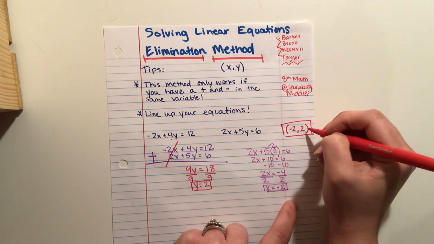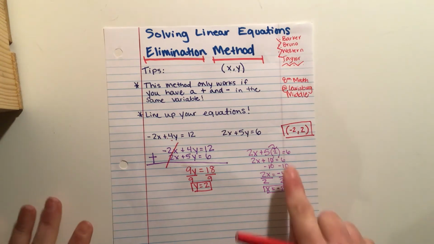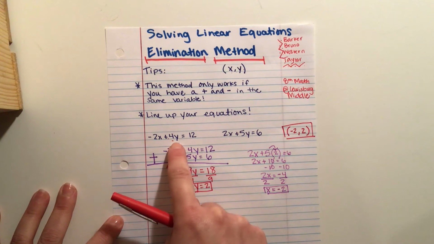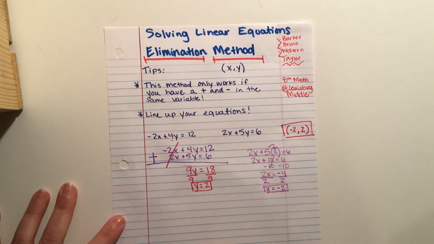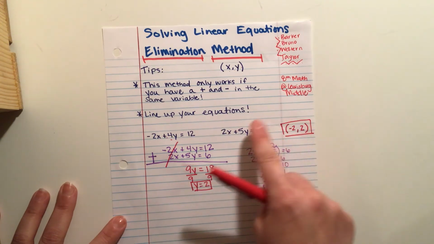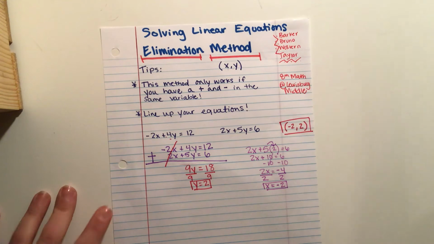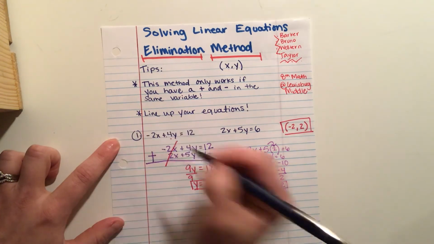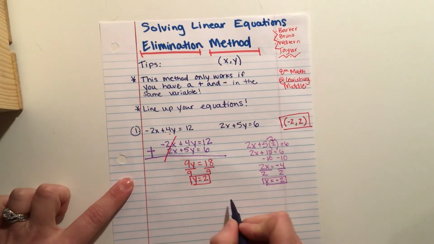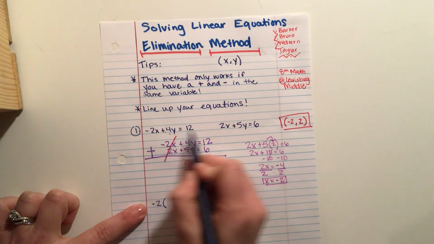Negative 2, comma 2. Now, in order to check your work, you can plug the x in for the x spot and the y in for the y spot, and if it equals 12, that's correct. The same thing, plug the x in for the x spot, the y in for the y spot, and if it equals 6, your entire problem was correct. So, if this was number 1, let's check our work for number 1. I'm going to write negative 2, comma, well, what is my x?